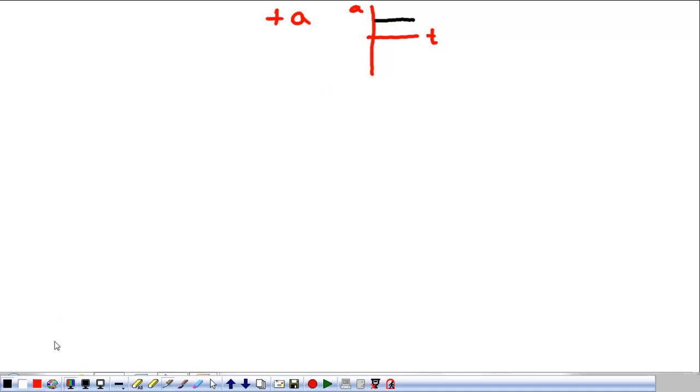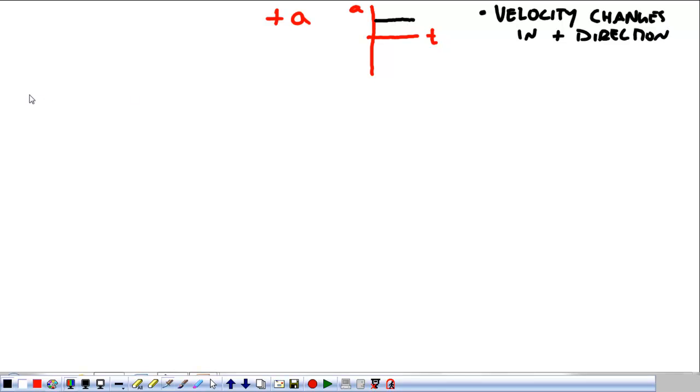So we're going to have two possibilities for velocity versus time with this. First off, what this means is that velocity changes in the positive direction.